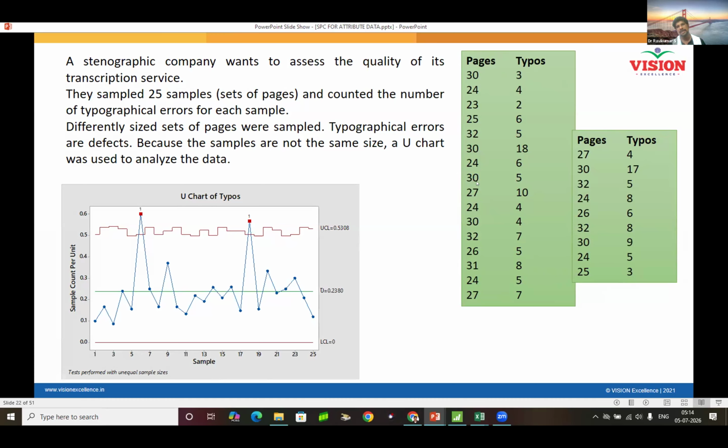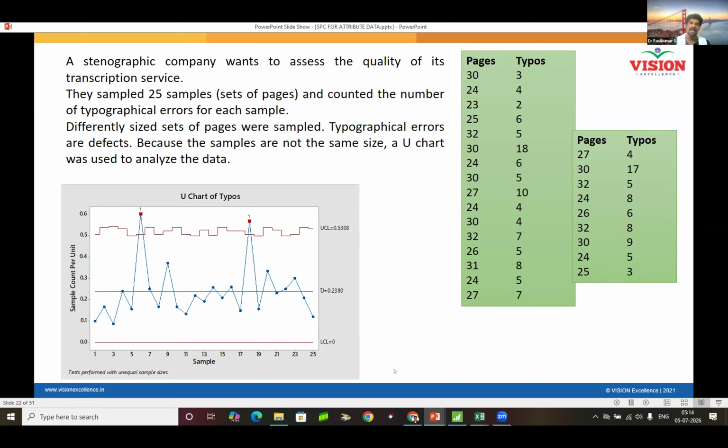The number of pages inspected was different every time. The first time 30 pages were inspected, second 24. Like this, the sample is varying continuously. So what kind of chart do you have to use, guys? When the sample is varying and you have to check the defects, you have to use a U chart.